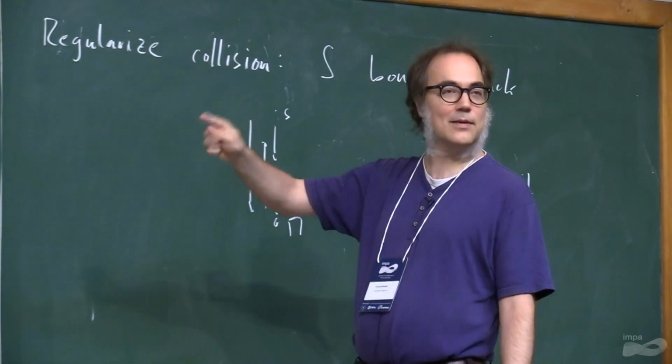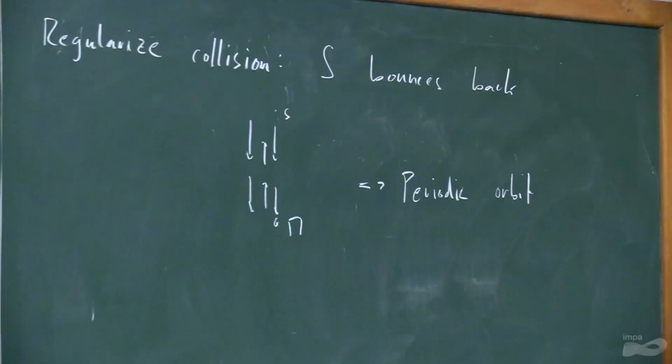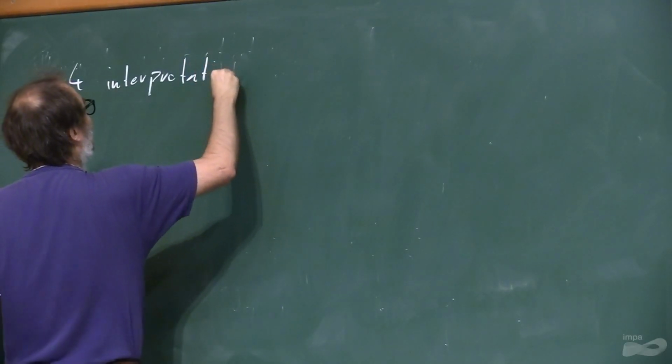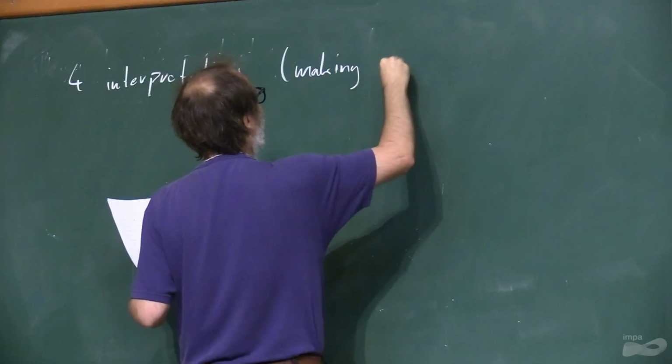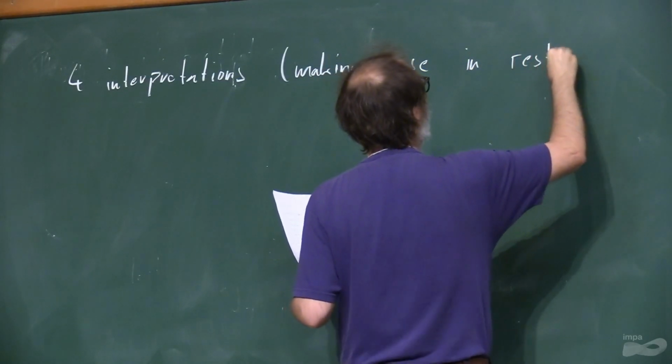Namely, how can we think of this orbit? So we have 4 interpretations, which all make sense in a restricted 3-body problem.